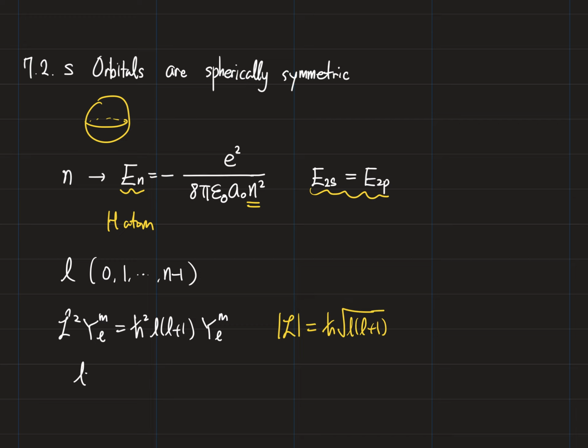So l equals 0 is the s orbital, which is for sharp. l equals 1 is the p orbital, for principal. And l equals 2 is the d orbital, for diffuse. And l equals 3 is the f orbital, for fundamental. And after that, we just follow alphabetical order: g, h orbitals, and we don't really use the i orbital.